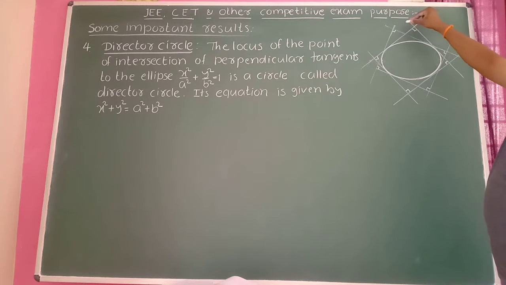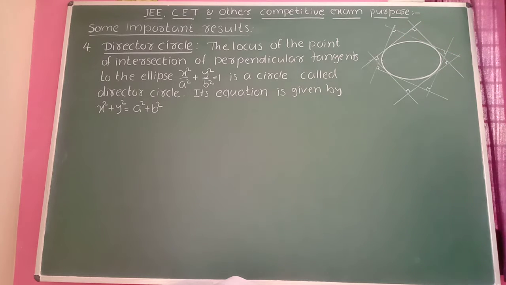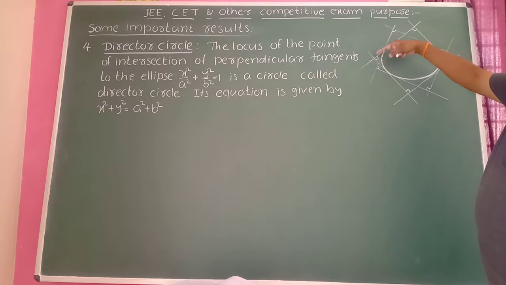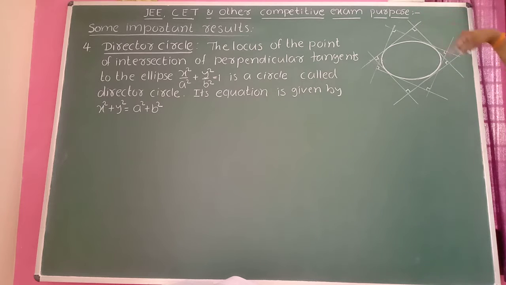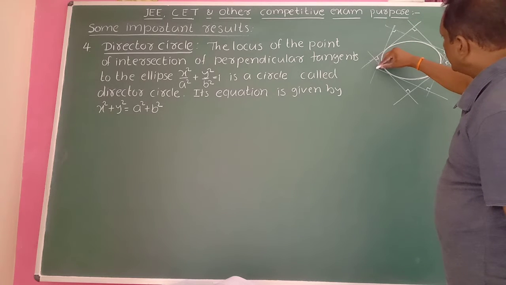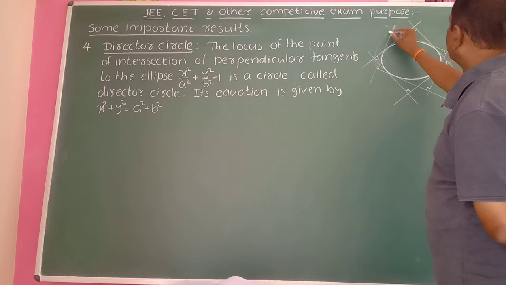There are infinitely many such pairs of perpendicular tangents you can draw here. If you join all these points of intersection, you will get a curve, and that curve itself is a circle.